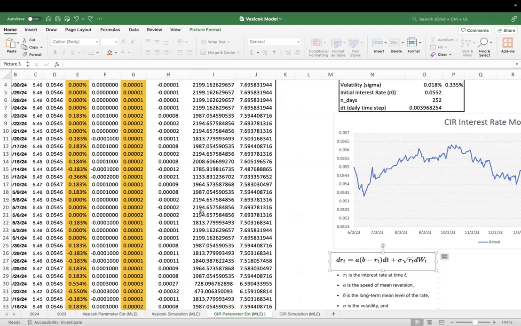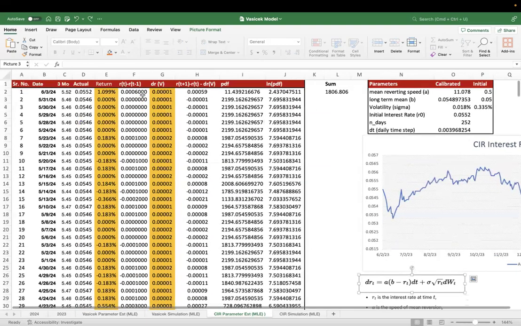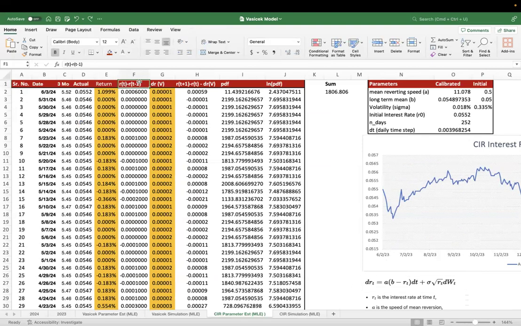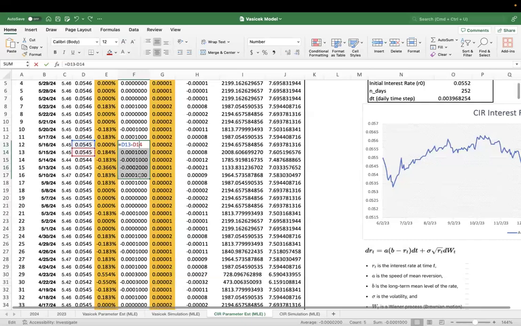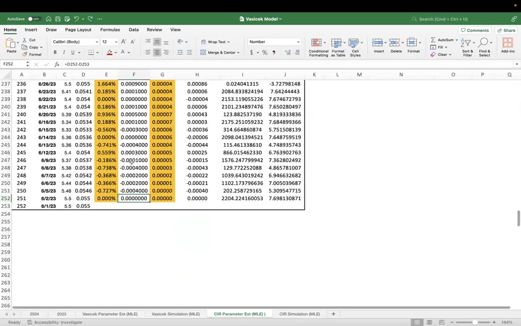So what we are trying to model is the change in interest rate, which is RT minus RT-1: today's interest rate minus yesterday's interest rate, and so on.